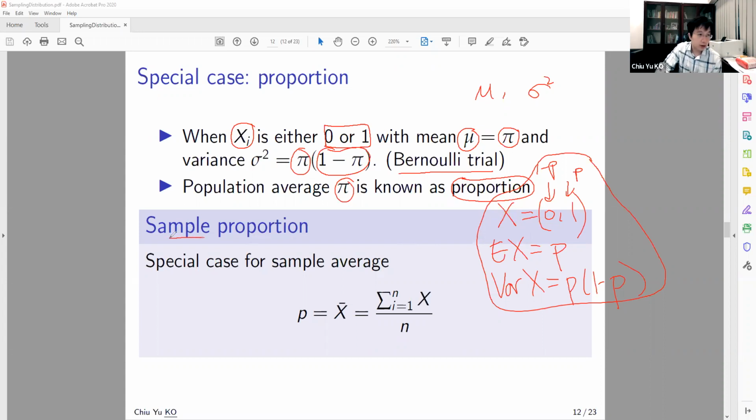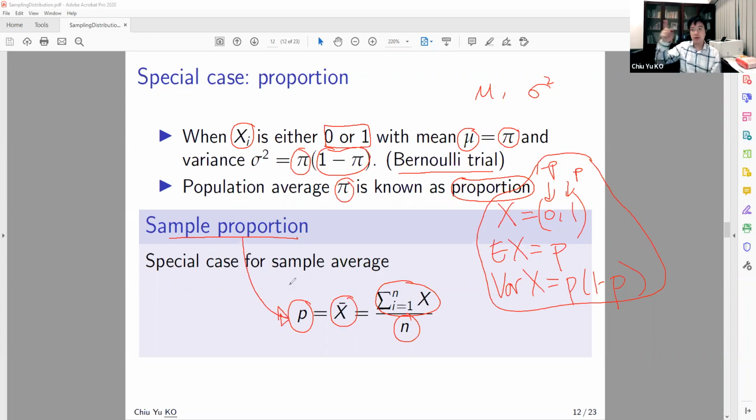So the sample proportion is the sum of the x, which is either 0 or 1, over n, right? It is the proportion of them, because 1 is they have, 0 they don't. So we denote it as p, okay? Just the simple sample mean, but we call it the sample proportion p, okay?